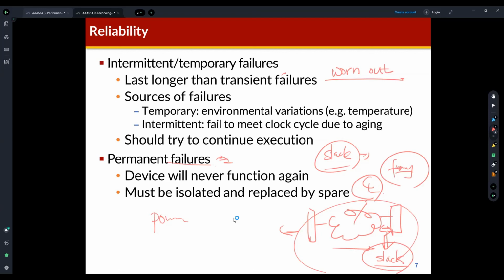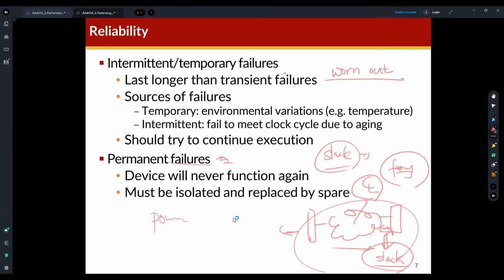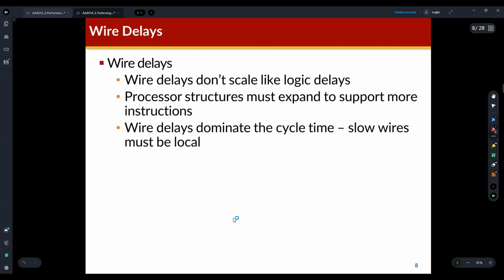Also, as I mentioned, this reliability issue is related to semiconductor technology, which means as the size of a transistor decreases, the reliability issue is getting more critical if we apply smaller transistors. Okay. And then wire delay.